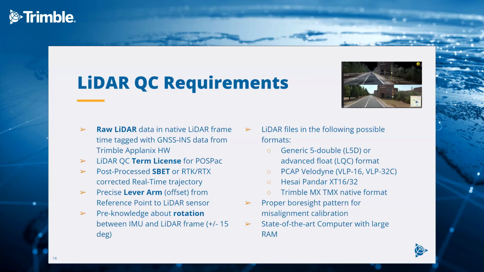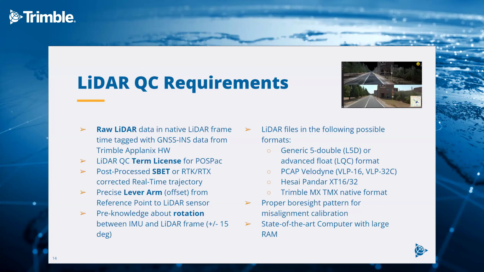A post-processed trajectory file needs to be available, as I said before in this workflow diagram. Or if you have an RTK or RTX corrected real-time trajectory, that also serves the purpose here. You also need a precise lever arm, which is basically the offset from the reference point to the LiDAR sensor.